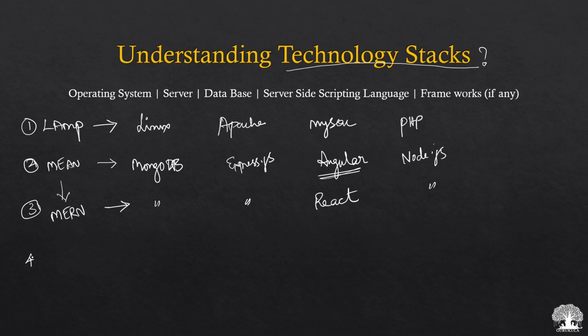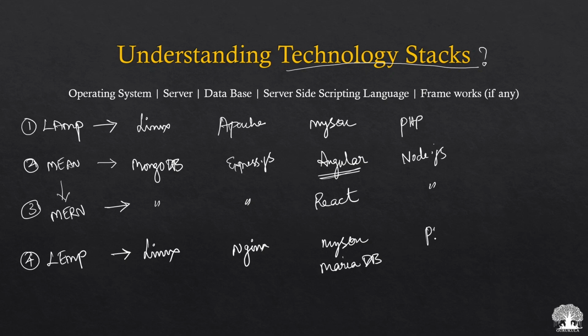And the last one that we can discuss is the LEMP architecture, or the LEMP technology stack. Here in the LEMP technology stack, the L stands for Linux operating system again, and then we will be using Nginx as the web server, and we will be using MySQL or MariaDB. MariaDB is again a type of database that we are using over here, and then finally we can be using PHP.